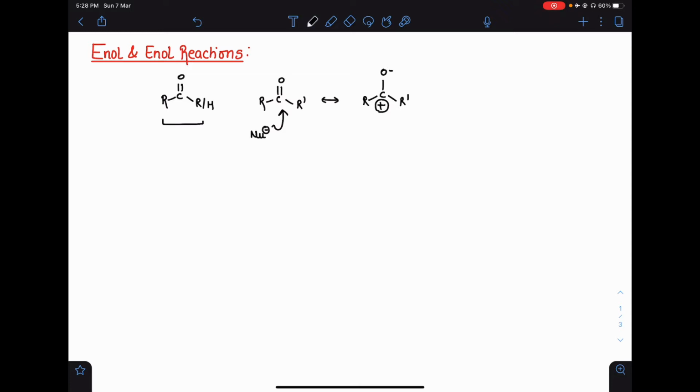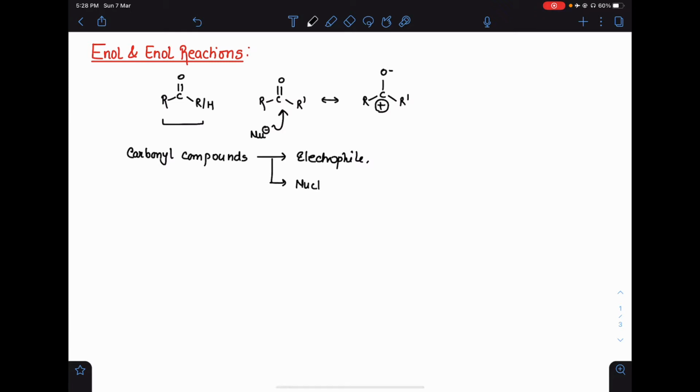But carbonyl compounds are a class of compounds which behave both as electrophile as well as nucleophile. Many reactions of the electrophile you must have seen. The reaction that I just showed, a nucleophile attacking a carbonyl compound, is an example of a carbonyl compound acting as an electrophile.